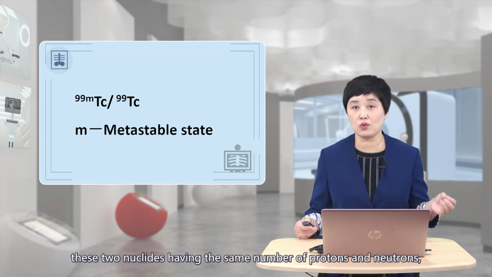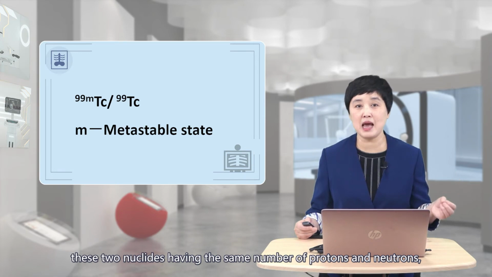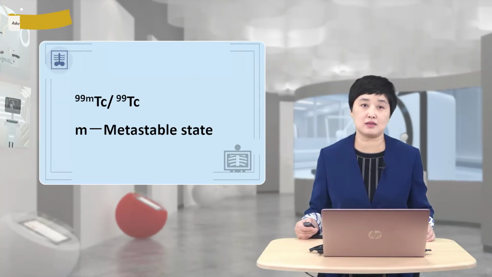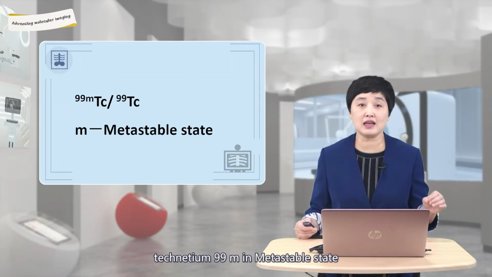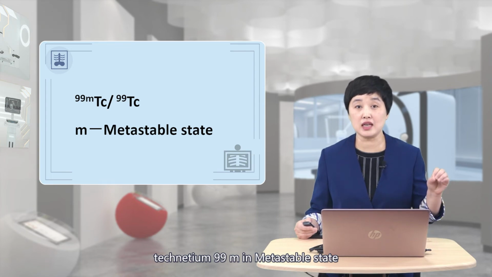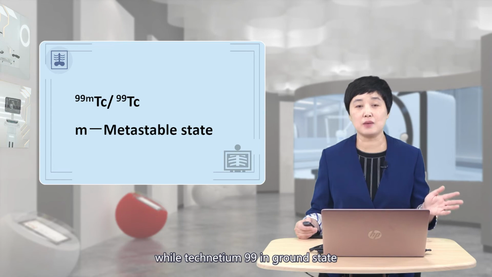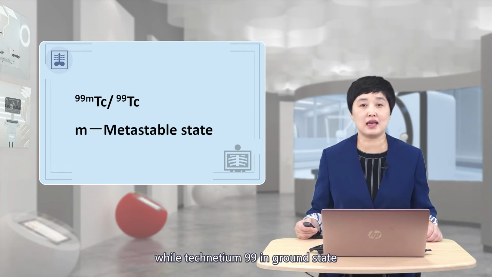These are two nuclei having the same number of protons and neutrons, but they are in different energy states. Technetium-99m is in a metastable state, while technetium-99 is in the ground state.